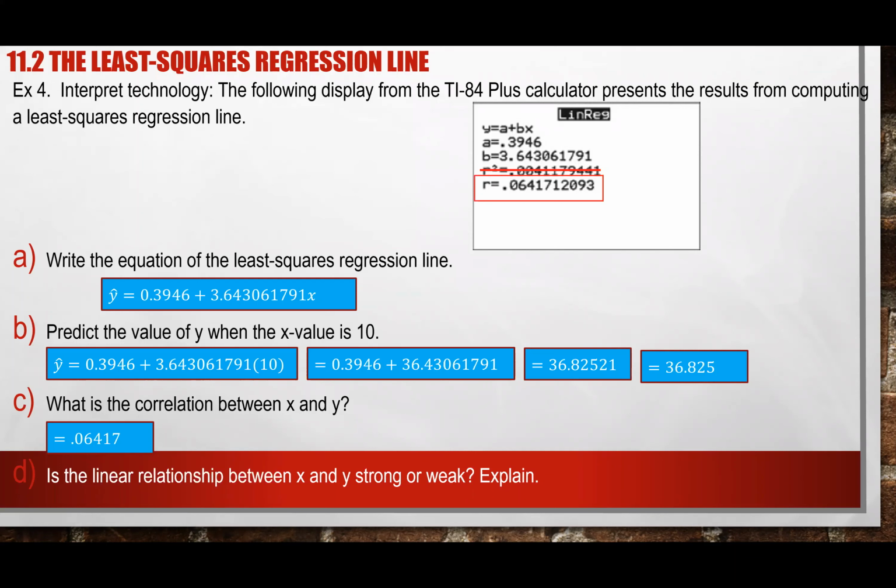The result for R can only be from -1 up to +1. Anything between -1 and +1 will be your R. If your R is close to -1, then we say they have a strong negative linear relationship. If R is close to +1, we say there's a strong positive linear relationship.